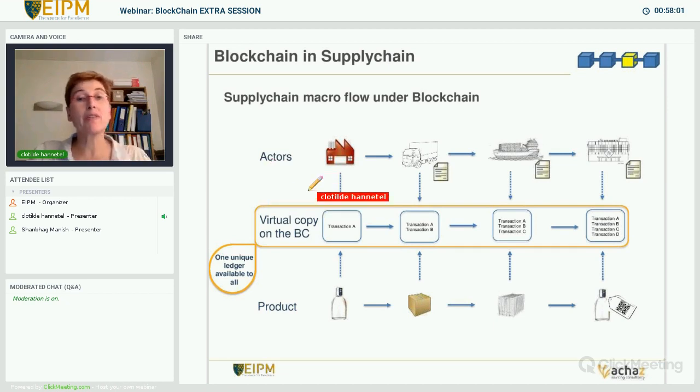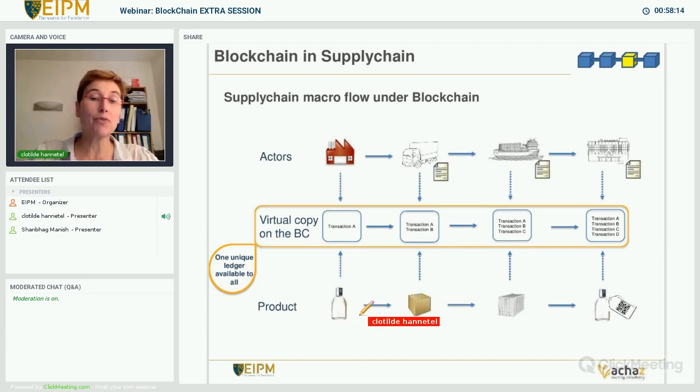And well, sensorizing is really not an issue. The point is that if you want to implement a blockchain in a supply chain, then basically what you are doing is creating a virtual copy of your supply chain on the blockchain. Each time that, for example, this bottle of liquid perfume or alcohol or whatever you can think about, juice or water, is moved, a transaction is registered in the blockchain.